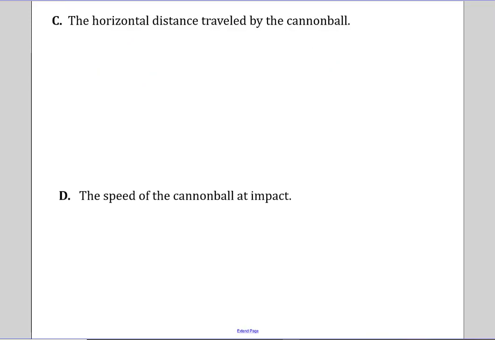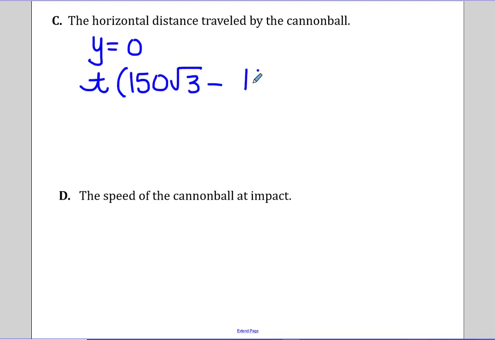Part C, the horizontal distance that's traveled by the cannonball would be where y is 0 and time is 150 radical 3 minus 16t. I'm taking that equation, the y component, 150 radical 3t minus 16t squared, when that's 0.